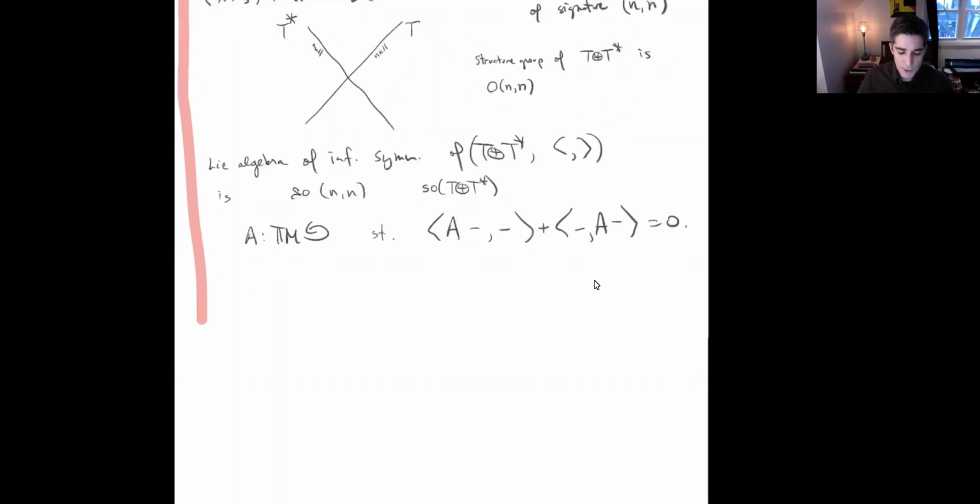And just like you may already know, whenever you have a real vector space with a non-degenerate symmetric bilinear form, the Lie algebra of the orthogonal group can be identified with skew-symmetric matrices. So this is naturally isomorphic to wedge 2, skew-symmetric tensors on this thing.